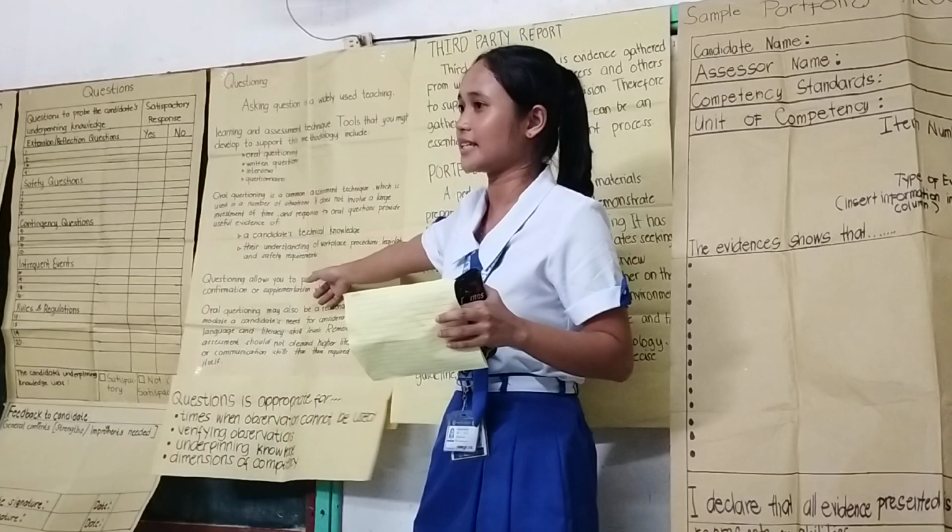The third-party report is, for example, when the assessor is absent. The third party, or the assistant to the assessor, observes the candidate or trainees during their assessment.